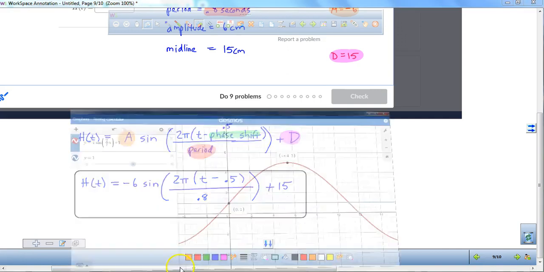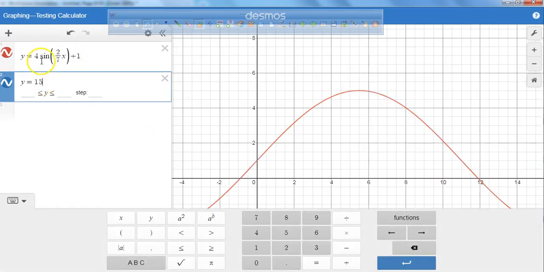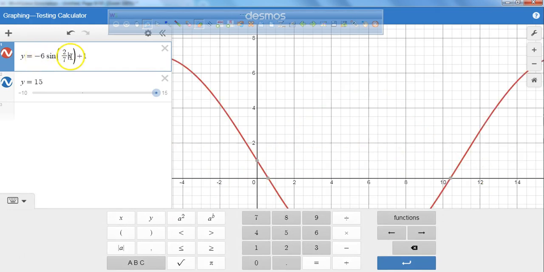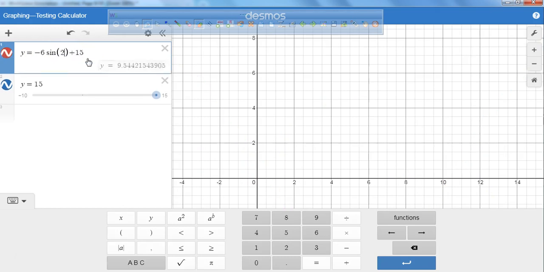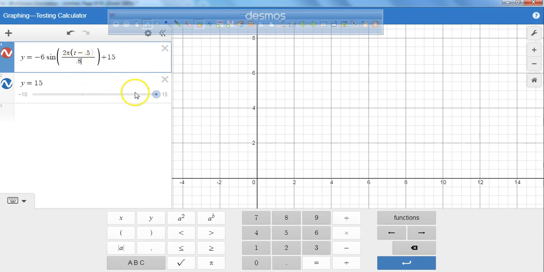So here we go. Last thing I'm going to do right now is type this into Desmos. Alright, type in -6. Delete all this. 2 pi t minus 0.5. Whole period length is 0.8.